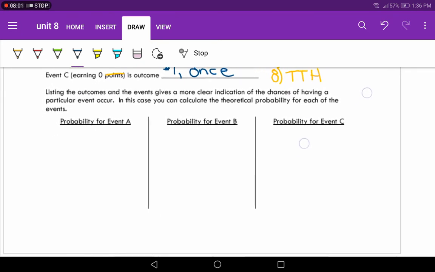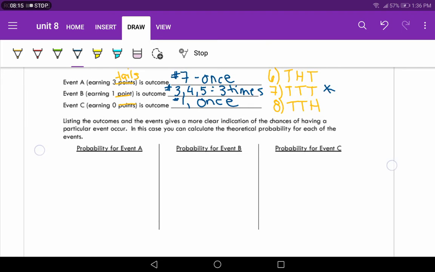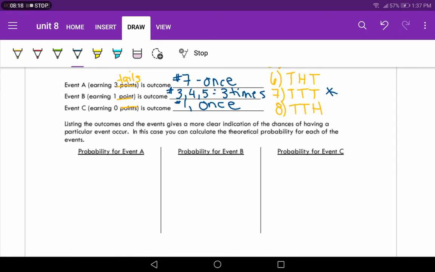So listing the outcomes and the events gives you a more clear indication of the chances of having a particular event occur. In this case, you can calculate the theoretical probability for each of the events. So our first event occurred once, right? So in order to figure that out, using our equation, we have the probability of 3 tails equals the amount of times that it happens, so it only occurs once, and that is out of a total of 8.